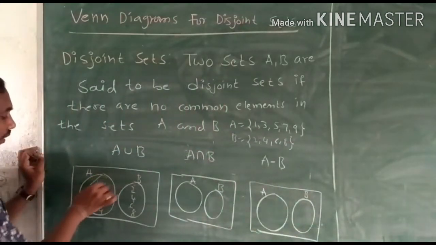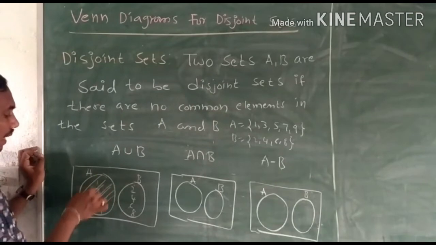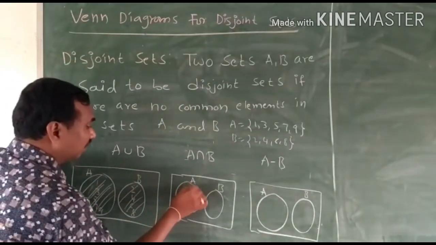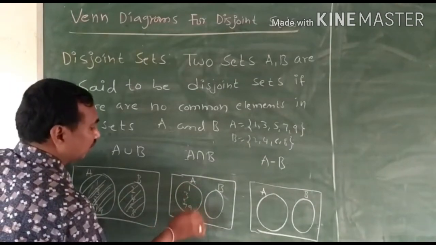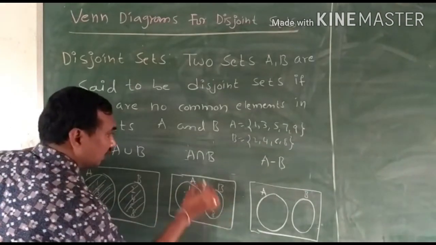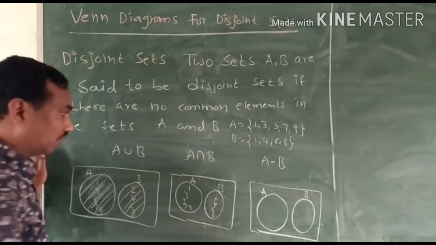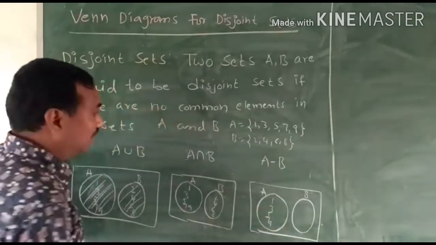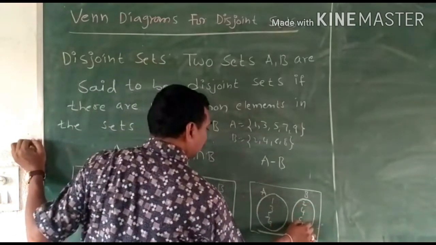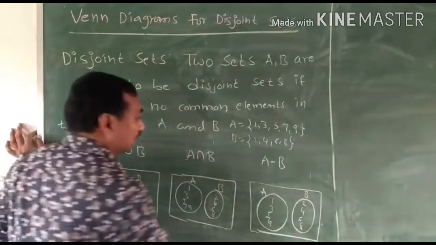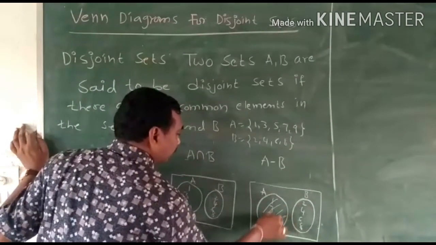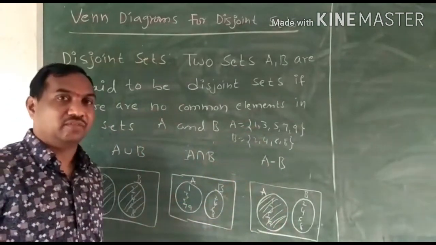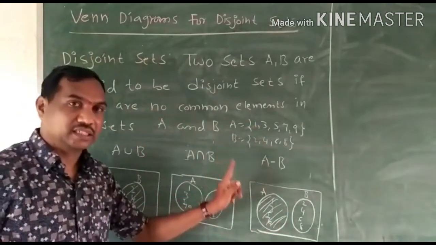A union B means we need to shade A as well as B. For A intersection B, there are no common elements, so no need to shade. A minus B means we need to shade only the set A. Similarly, while taking B minus A, we need to shade only the set B.